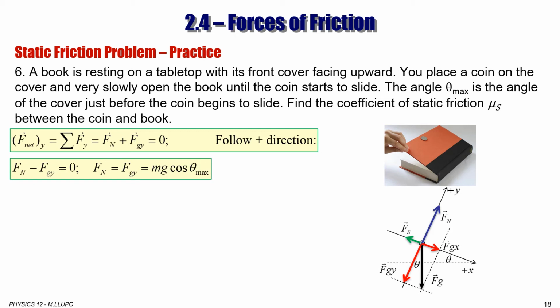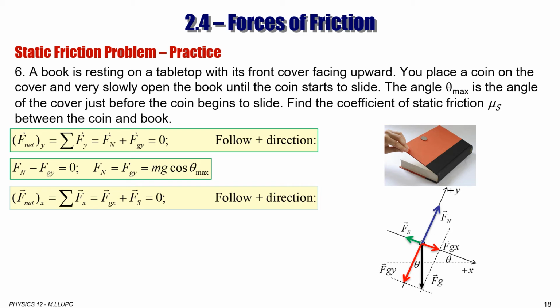So Fn minus Fgy is equal to 0. We know Fn has to be equal to Fgy, which is mg cosine theta maximum. Why? Because it's adjacent to that angle.